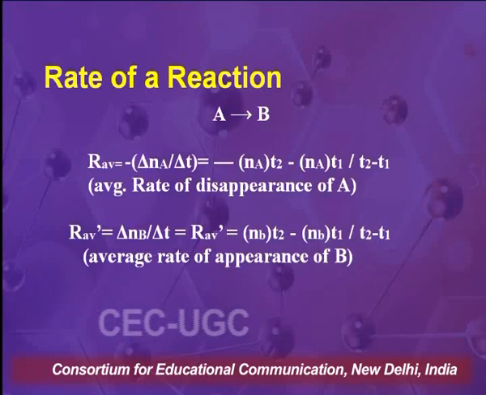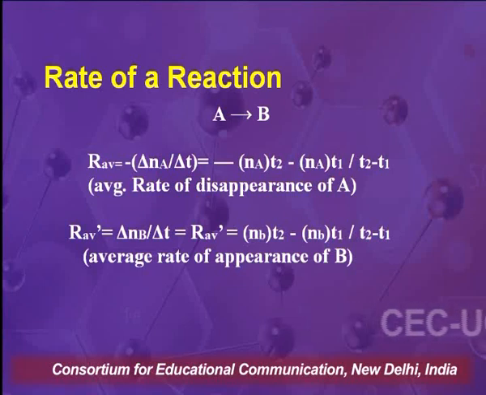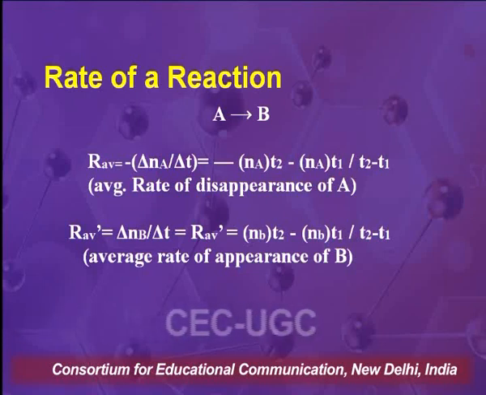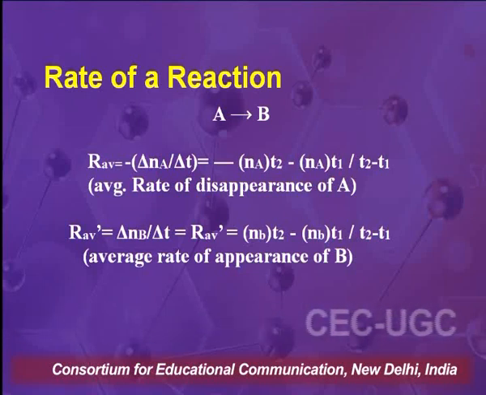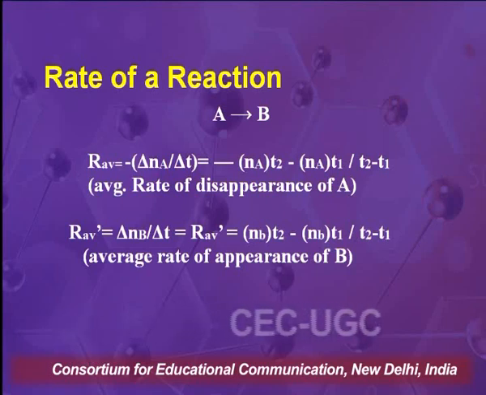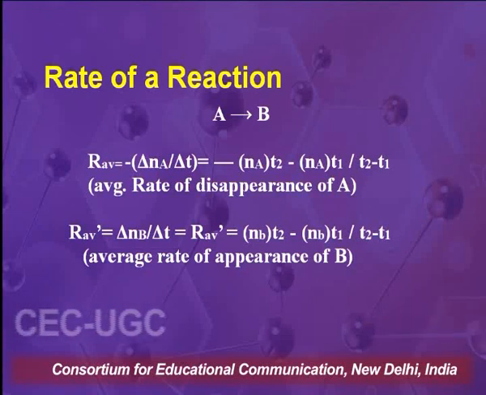If we have a reaction A gives B, the average rate of disappearance of A, R average, can be written as minus delta nA by delta t, which is equal to minus (nA at t2 minus nA at t1) divided by (t2 minus t1). The negative sign appears because A is being consumed during the reaction.